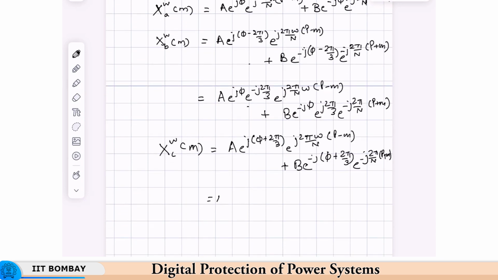If you take this out, you get e raised to j 5 e raised to j 2 pi by 3 e raised to j 2 pi w by n p minus m plus b e raised to minus j 5 j 2 pi by 3 e raised to minus j 2 pi by n w p plus m.